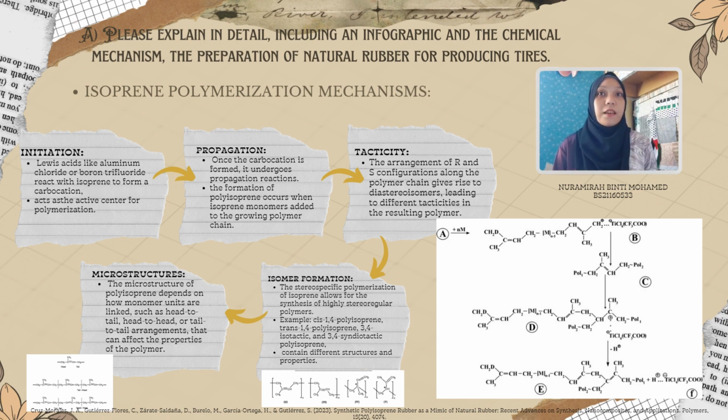Next is the tacticity, whereby the arrangement of R and S configuration along the polymer chain will give rise to stereoisomers, leading to different tacticity in the resulting polymer.